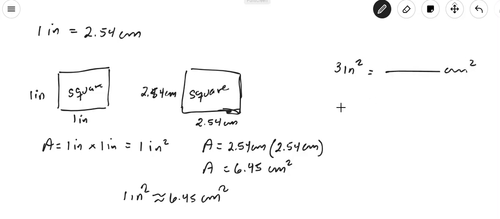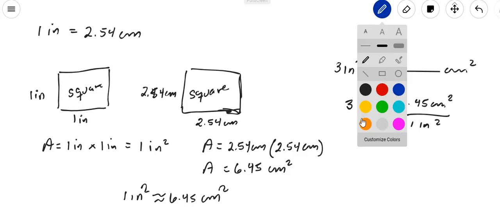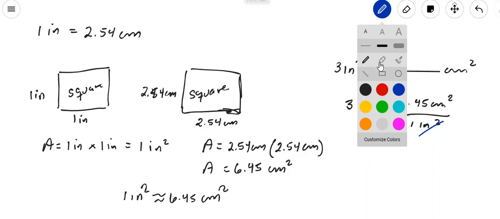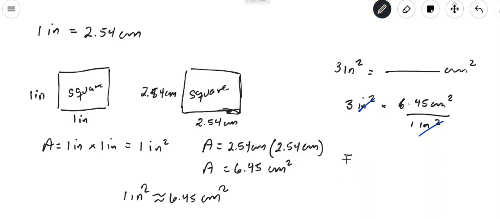Suppose that now I want to convert 3 square inches into square centimeters. What do I have to do? I say, okay, 3 square inches times 6.45 square centimeters that I have in every square inch. So I will cancel the square inches out, and my output unit now will be square centimeters.